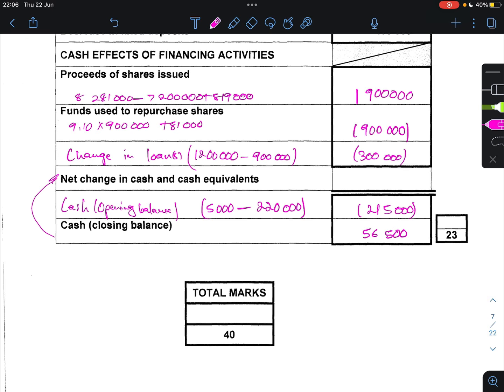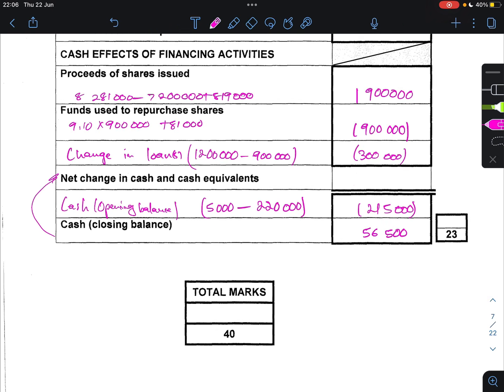It's basically asking what was the change from when your books were opened and now when you're closing your books. So the difference there should be negative 215,000 minus 56,500, which is 271,500.